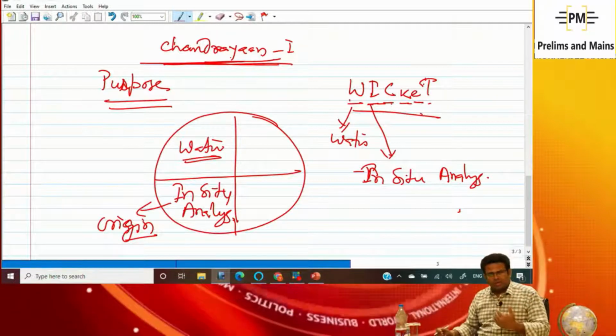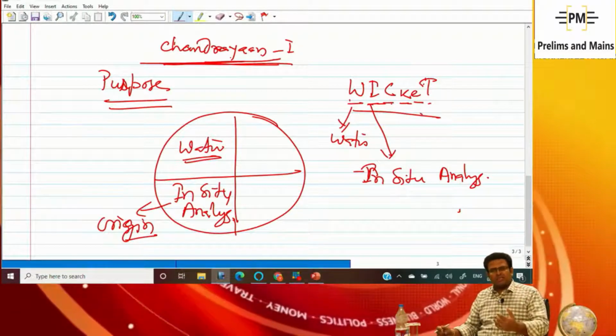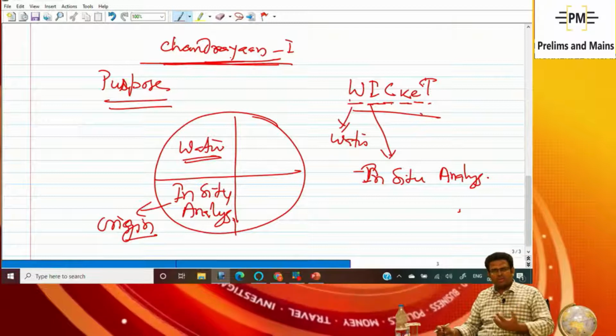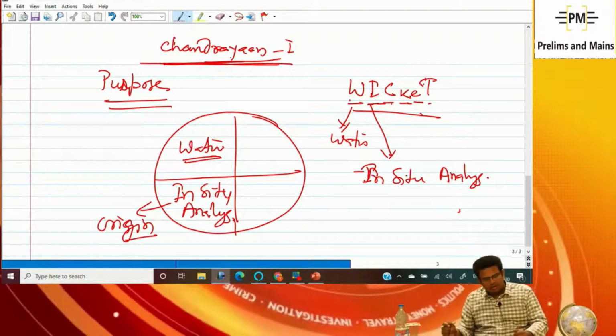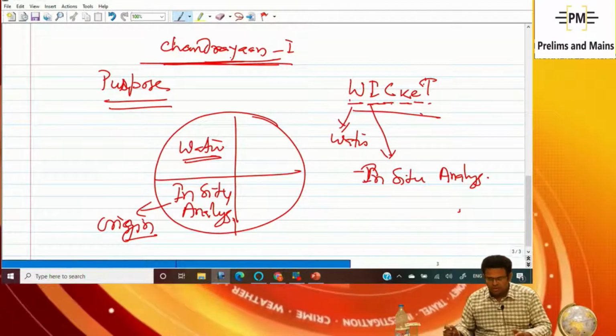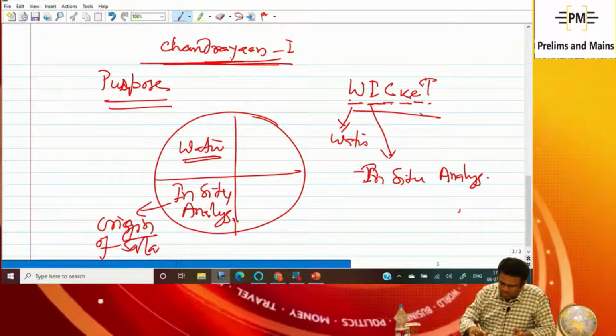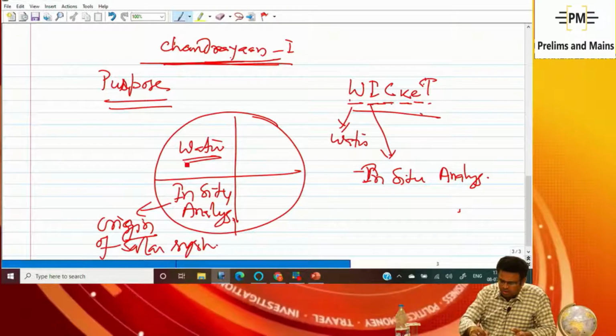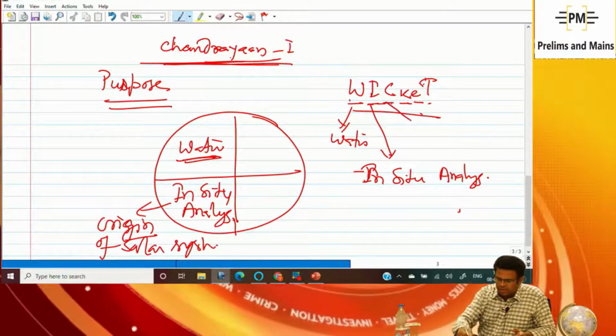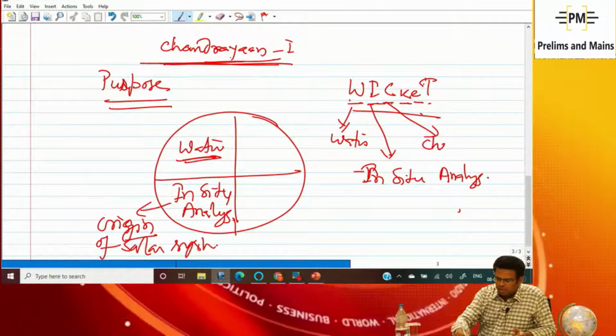If the solar system is originating, we can study the origination of the earth system, and also the moon. So origin of solar system, water, and C for chemical composition.